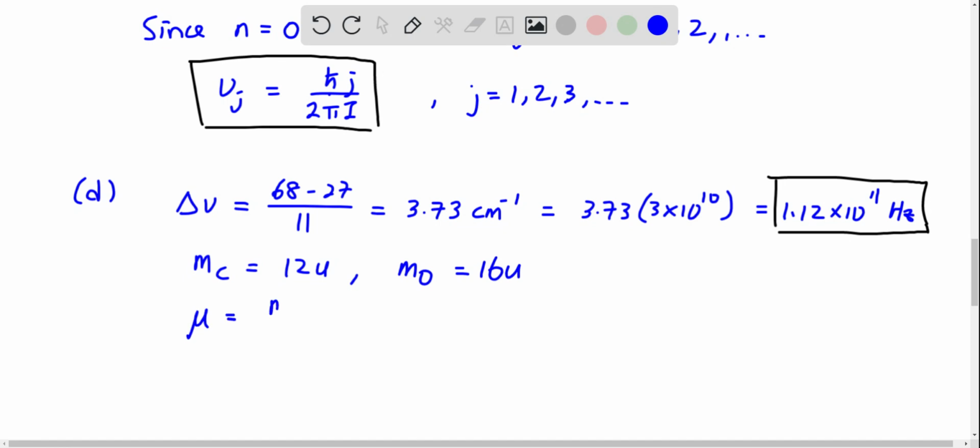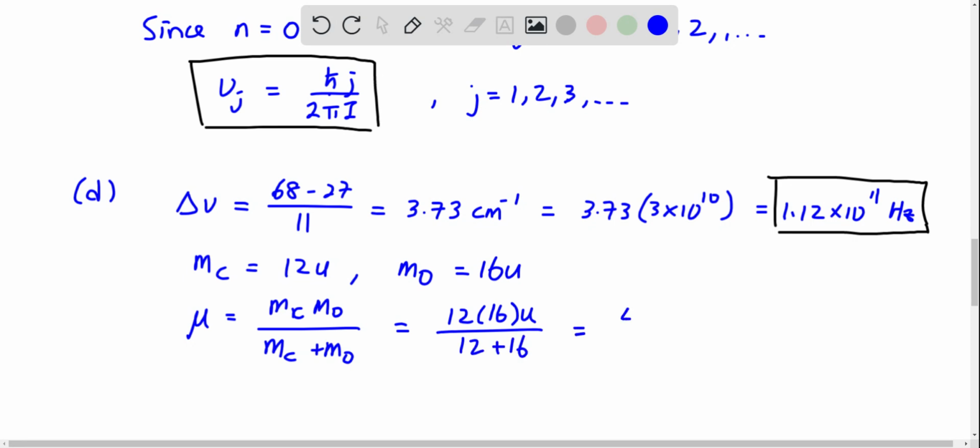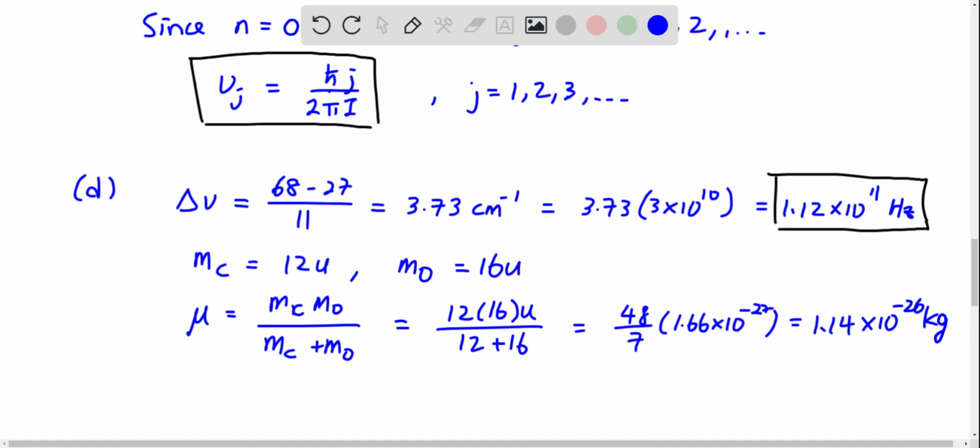Mu will be mc times mo divided by mc plus mo, so 12 times 16 u divided by 12 plus 16. This is 48 over 7 times u, which is 1.66 times 10 to the negative 27 kg, and you get 1.14 times 10 to the negative 26 kg.